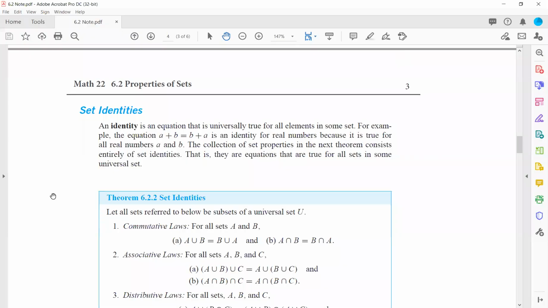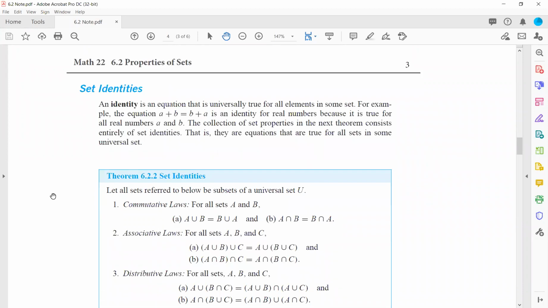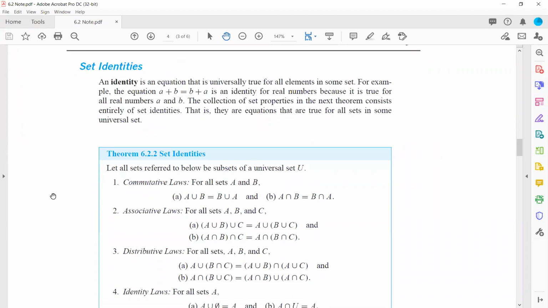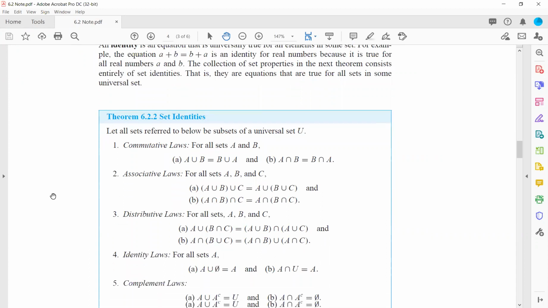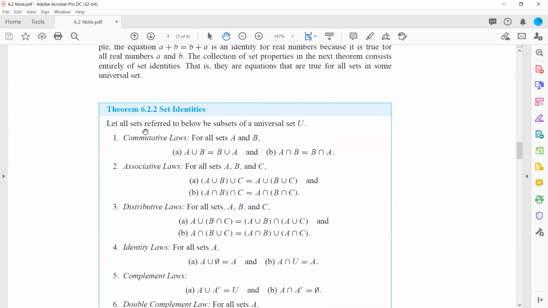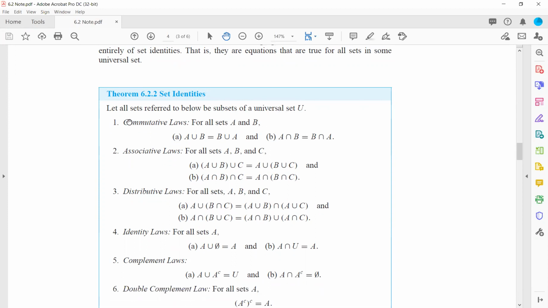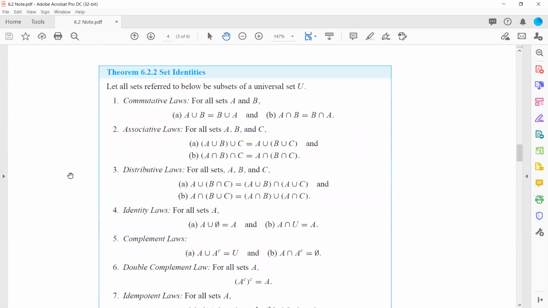On page 3, we have important set identities. As you remember, we had the exact same thing when we talked about logical operators. Let all sets referred to below be subsets of a universal set like U. The very first law is the commutative law.